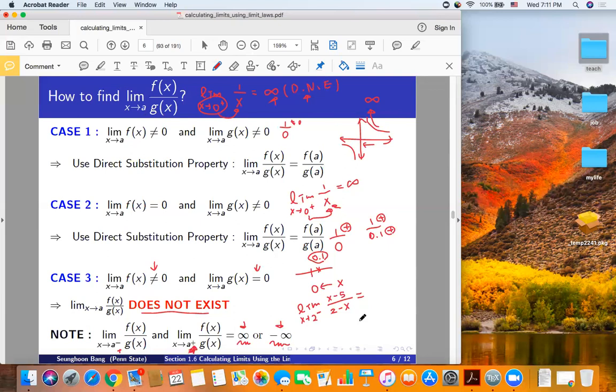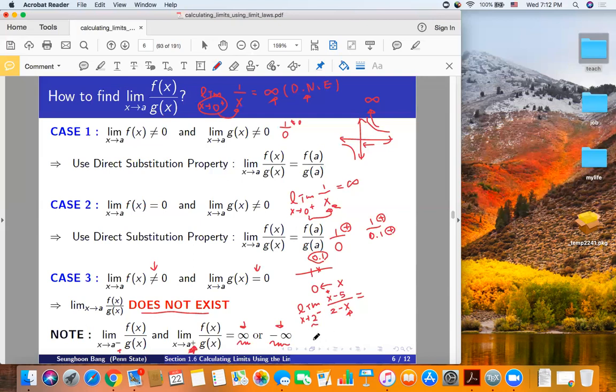The limit does not exist is your answer, but if you try to solve multiple choice problems in your quizzes and the exam, you have to choose infinity or negative infinity. Here, you plug 2 into x.